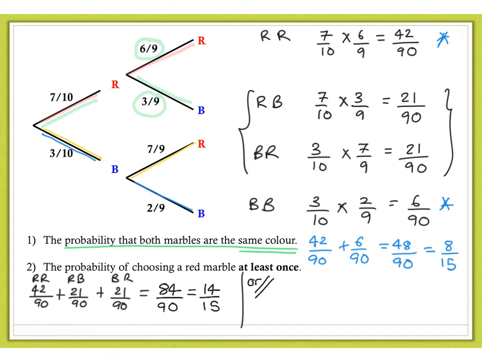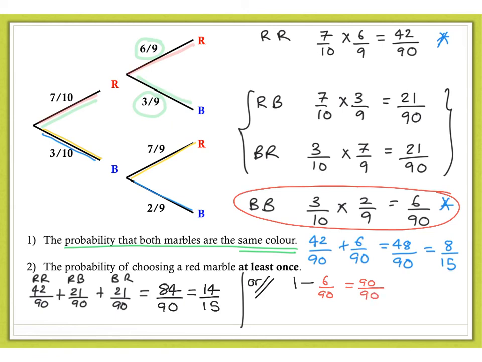Alternatively, we can work out one takeaway the only option that we aren't allowed, which is this one, which has no reds at all. So 1 takeaway 6/90ths, which again, if you want to, you can think of as 90/90ths take away 6/90ths, and that again gives you 84/90ths, which simplifies down as before.